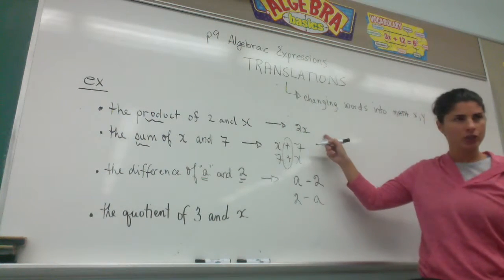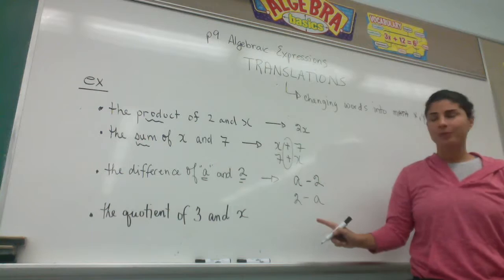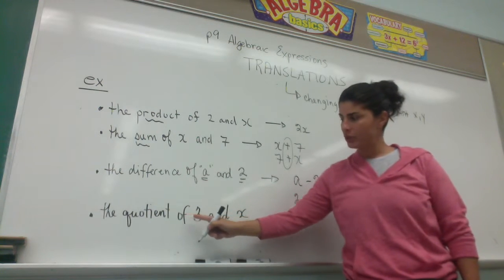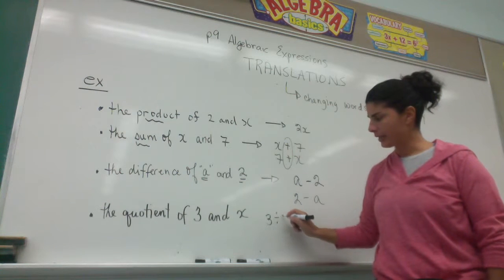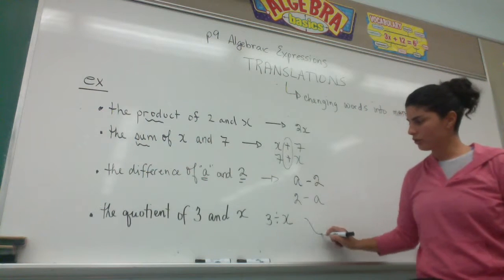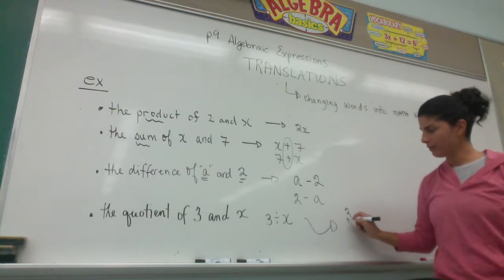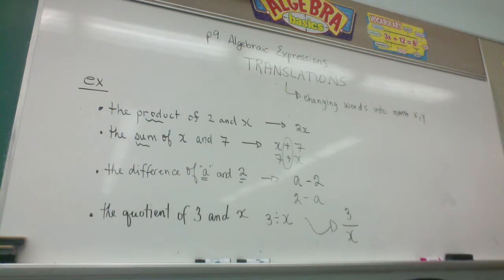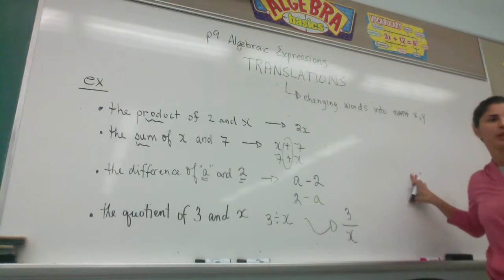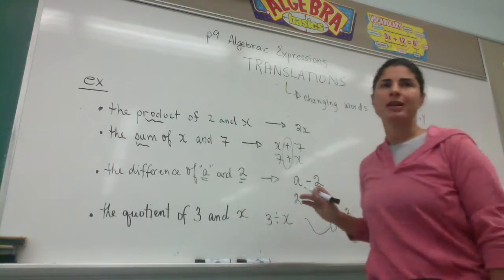Not in multiplication, but in division order matters. So since it says 3 first, I write 3 divided by x. I could also write 3 over x. It means the same thing. So take a minute to write these down. These are straightforward, fairly easy. There are a few tricky ones that I want to address in a minute.